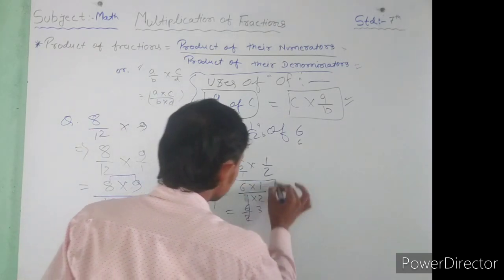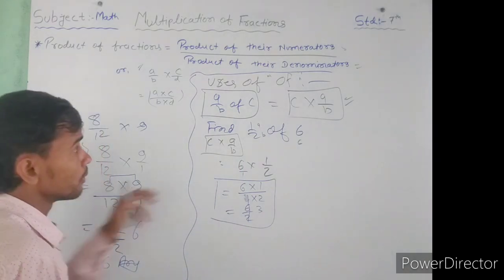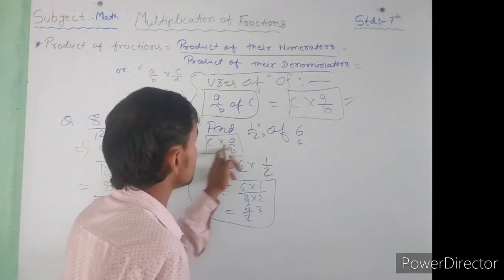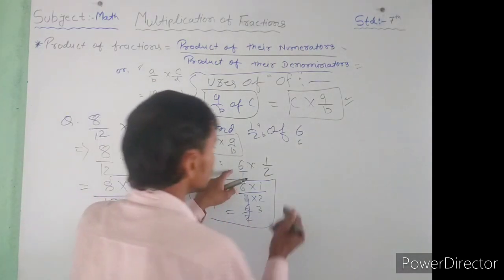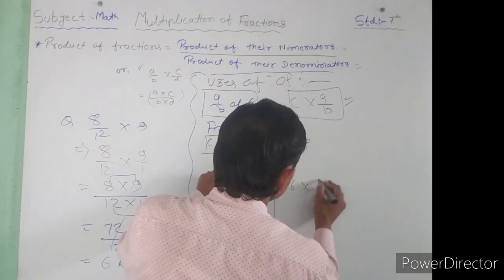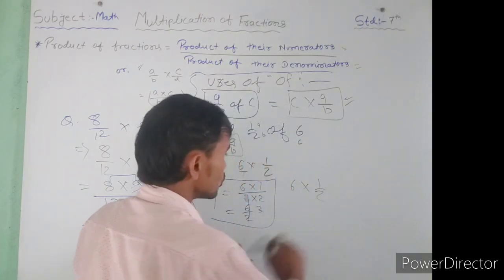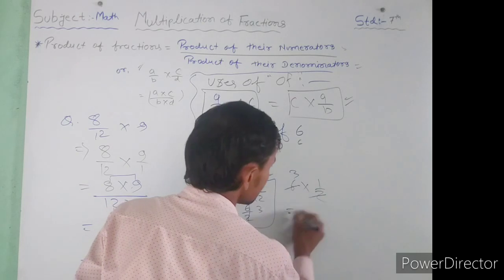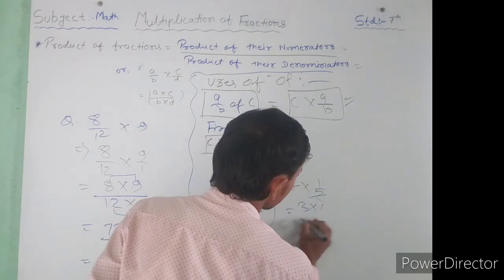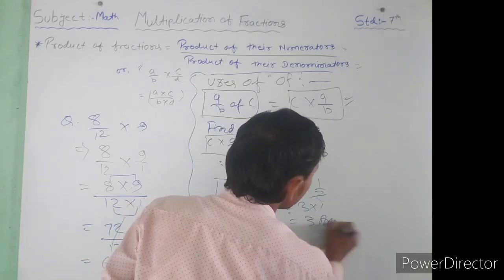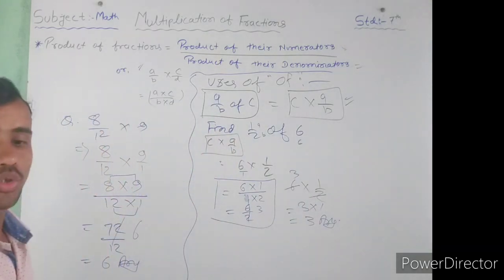That's the old form, but you use the form c into a by b, c into 1 by 2. When you cut, 3 twos are 6, and 3 multiplied by 1 is equal to 3. That is your answer.